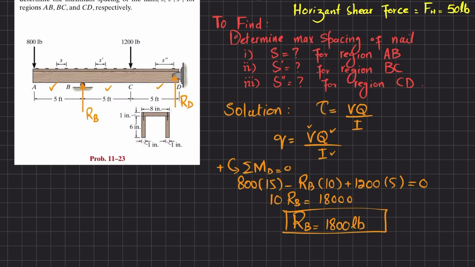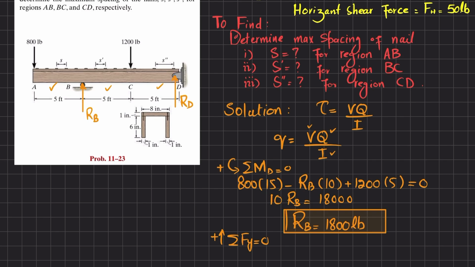Now that you have RB, you can find RD by using the condition that the sum of all forces along the y direction must be equal to 0, with upward force positive. So minus 800 plus RB minus 1200 plus RD equals 0.